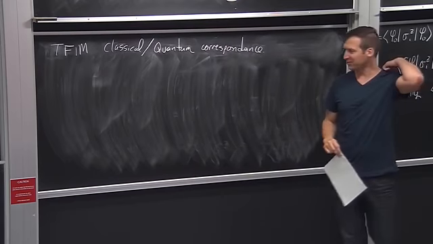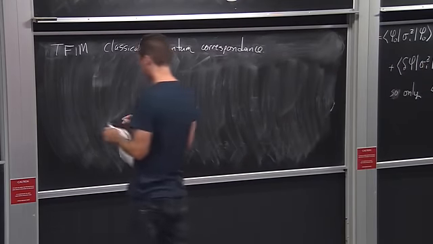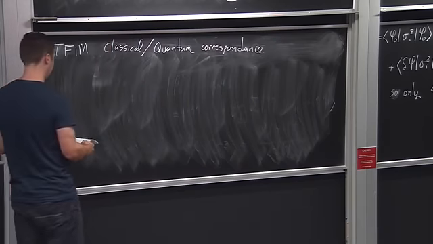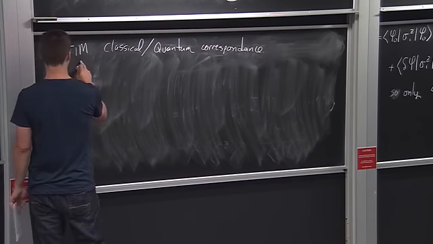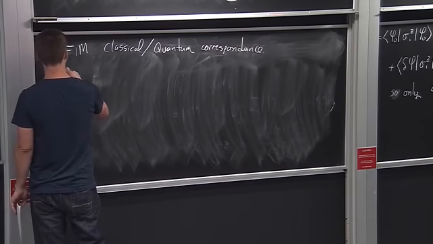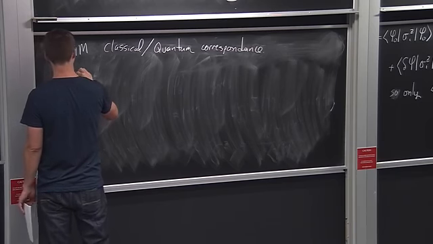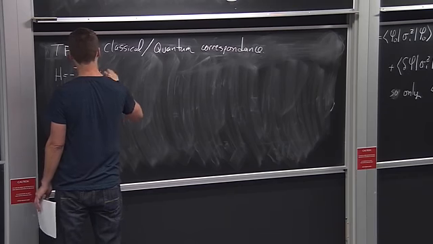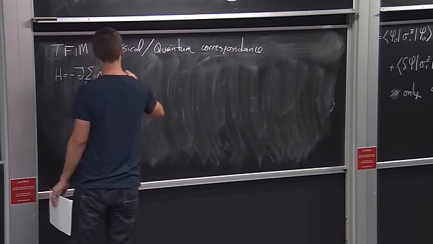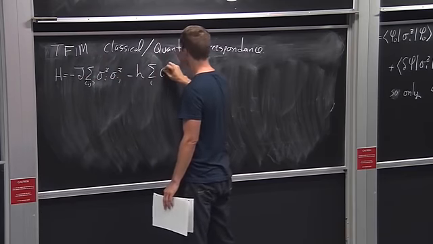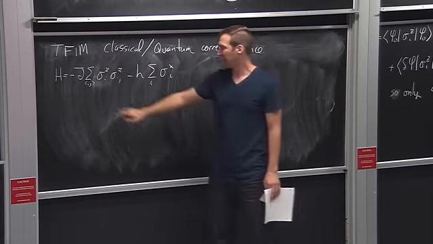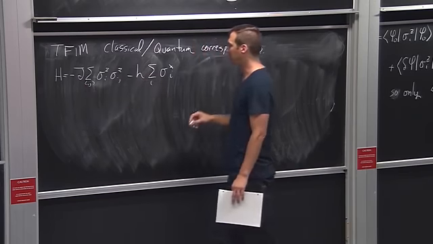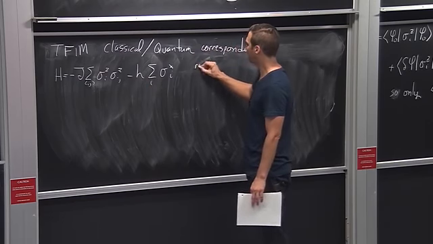And not to leave you in suspense, what we're actually doing here is deriving an expression for the transverse field Ising model's Hamiltonian, which in d dimensions is written as, again, the angle brackets on this sum tell me that I'm dealing with nearest neighbors.